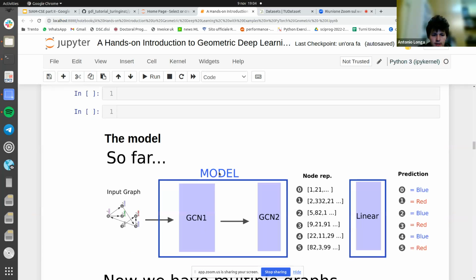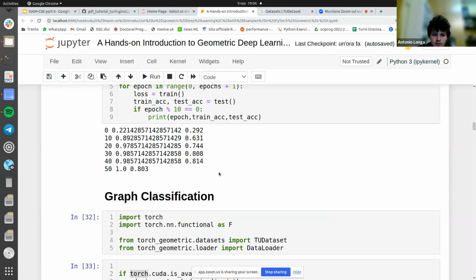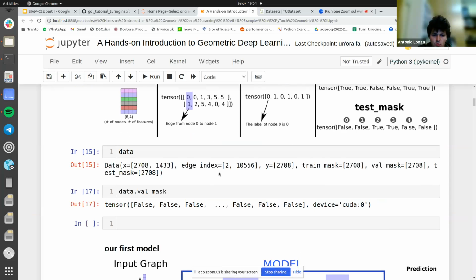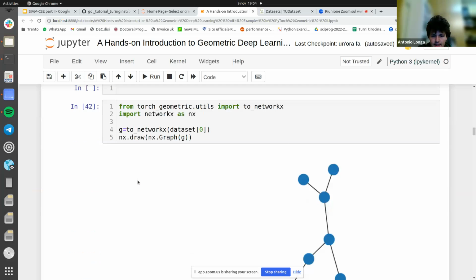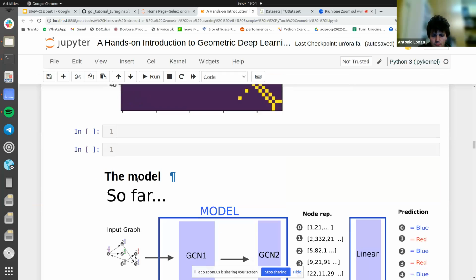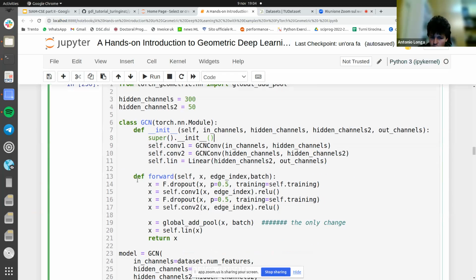If we take just a second this graph here, the example I was showing before, if you collect information from two nodes, no, it's too small. But what I would like to say is that there is a correlation between the diameter of the network and the number of convolutions you're using.